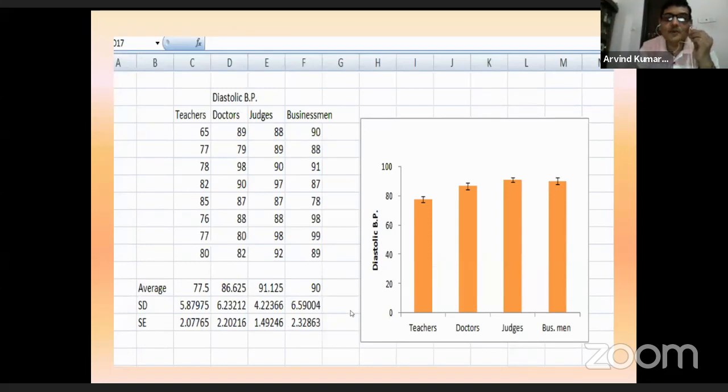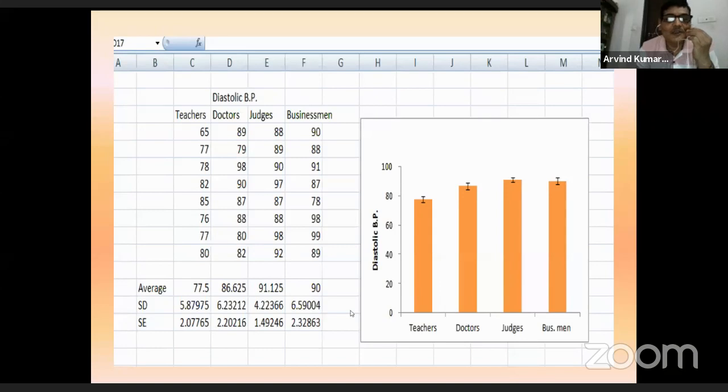I have not shown the significant difference, but yes, a significant difference will definitely be there between the teachers and the business group, because I have not done post-hoc analysis in this particular case. You can do that and see which of the 2 groups show a significant difference.